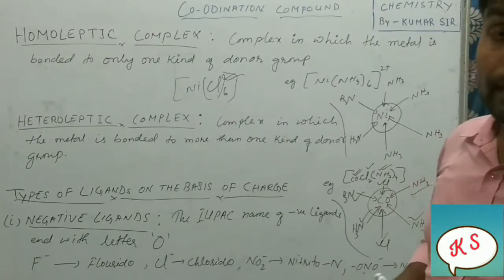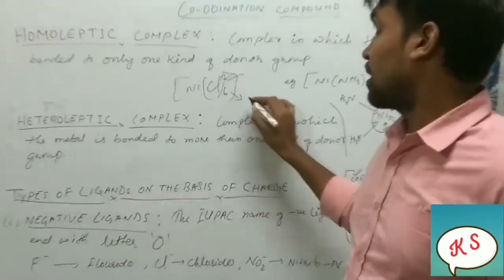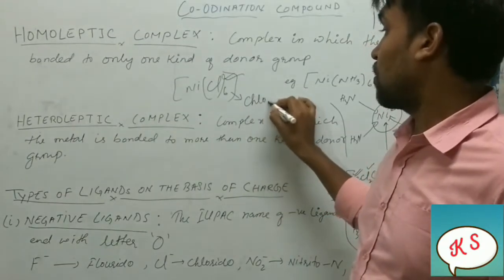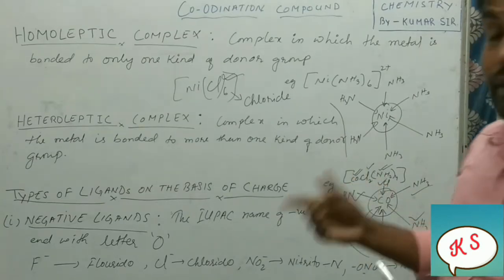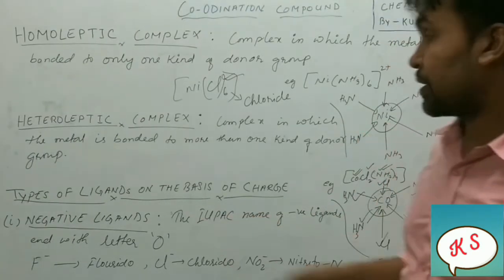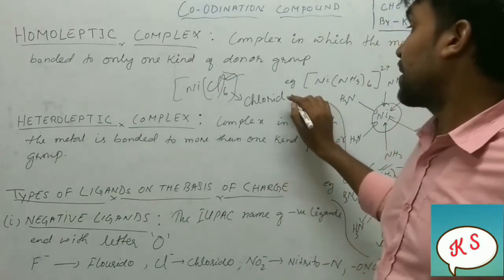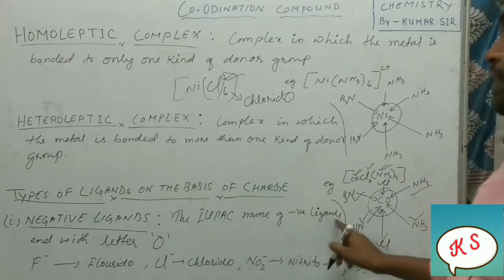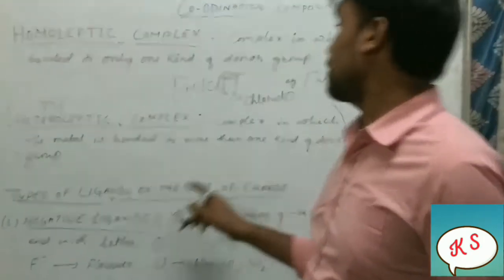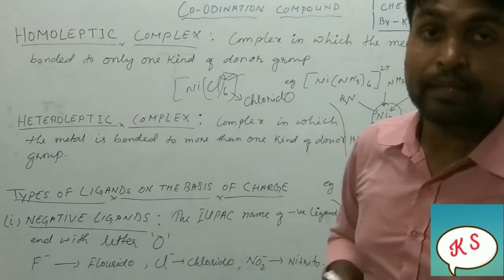So when you are writing the IUPAC name, what will be the name of this? Chloride. But when you write the IUPAC name in coordination compounds, this E will be replaced by O. That is the meaning of it. The IUPAC name of negative ligands ends with the letter O. So it will be chlorido. We will be writing it as chlorido.